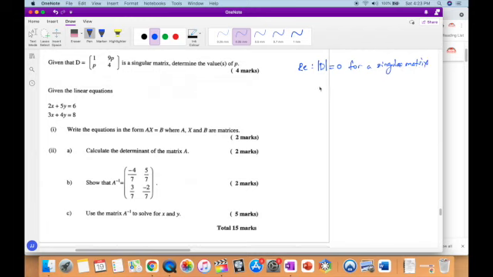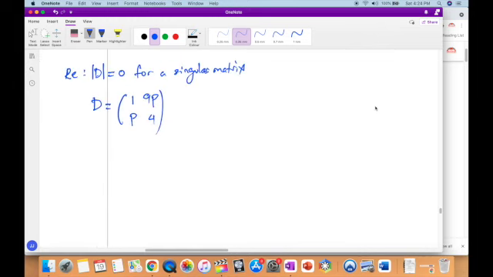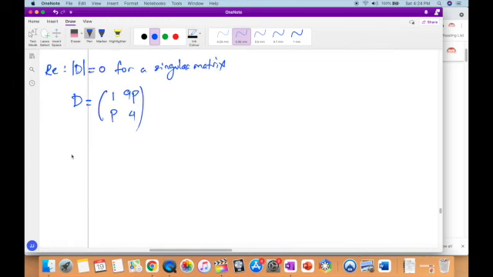Let me just write over D on this side so I can do my working on this side. 1, 9p, p, and 4. So therefore, the determinant of D is this 1 times 4.